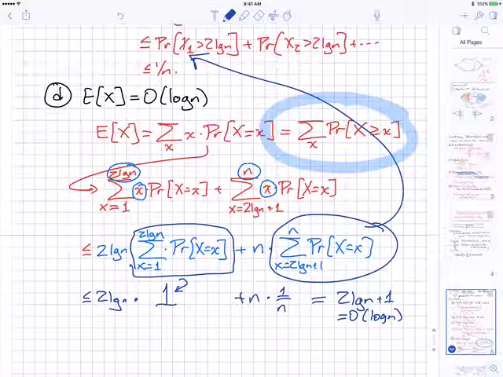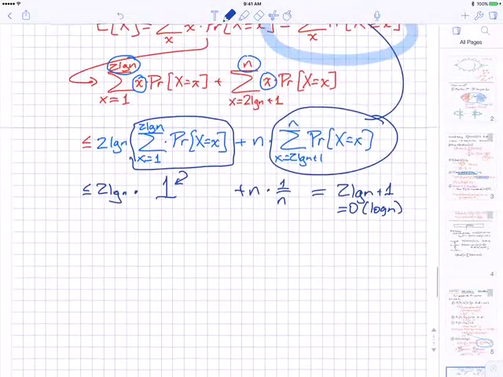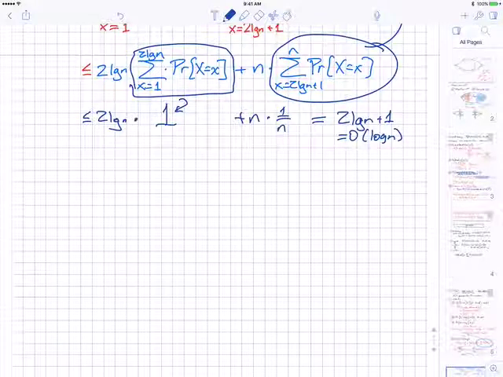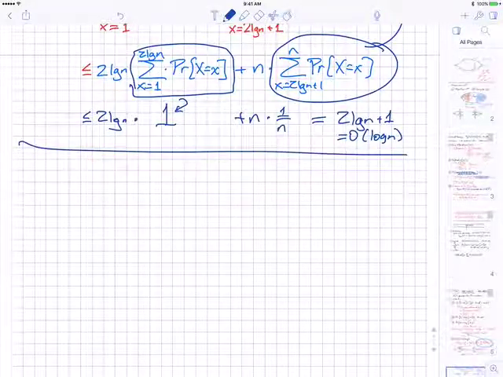Okay, so there's this question about this expression for the expected value. When we talked about Markov's inequality, I tried to show a picture that at least gives you some intuition about why this is true. And unfortunately, this is going to be the last thing because we're running out of time.